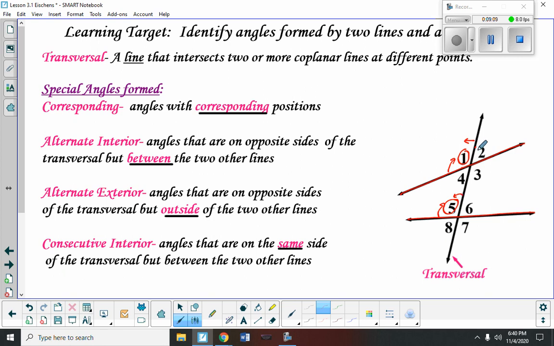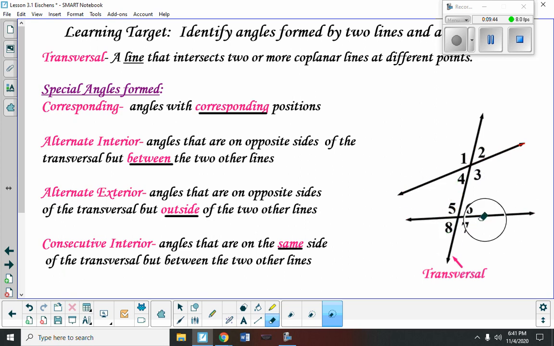Another set would be angle 2, above the line and to the right, which corresponds with angle 6, above and to the right. Angle 4, this one right here, is below the line and to the left, and below this line and to the left of the transversal is angle 8. So those are corresponding. And then angle 3 is to the right of the transversal, below, and angle 7 is to the right and below. So those are called corresponding.